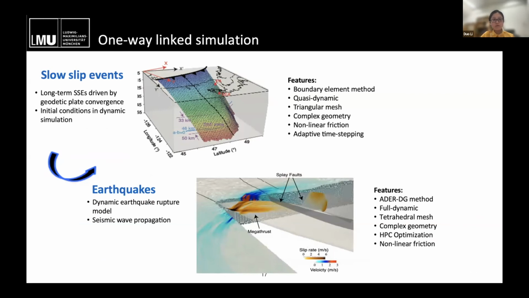And then we use the residual stress on the fault from the slow slip events to inform the initial setup of our dynamic model. The software we use is SSEs, which efficiently simulates dynamic rupture plus seismic wave propagation.